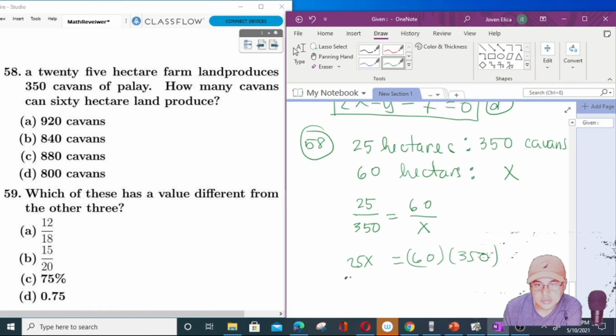So this is equal to 25X equals 60 times 350, which is 21,000.